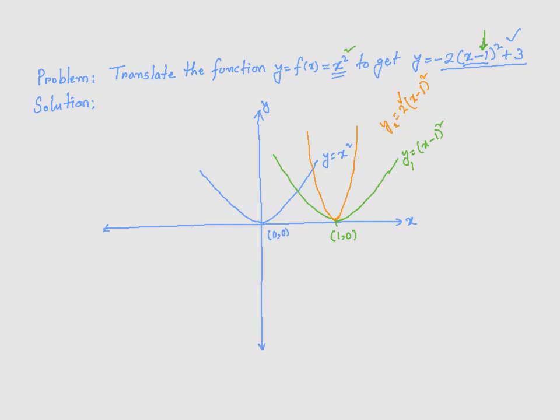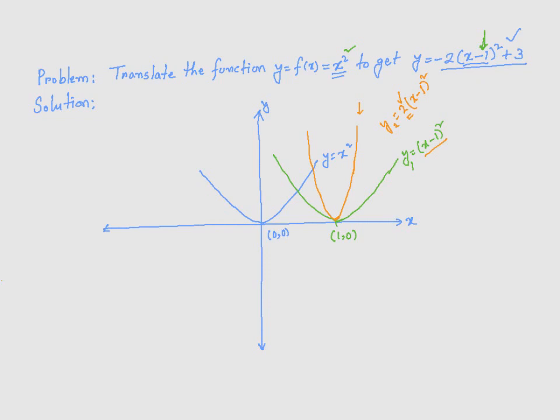By multiplying the function (x minus 1) whole squared by 2, you are having it move faster vertically. That means go up faster. How fast? Twice as fast. As a result, the new graph shrinks, meaning it looks skinnier. It's a vertical stretch.